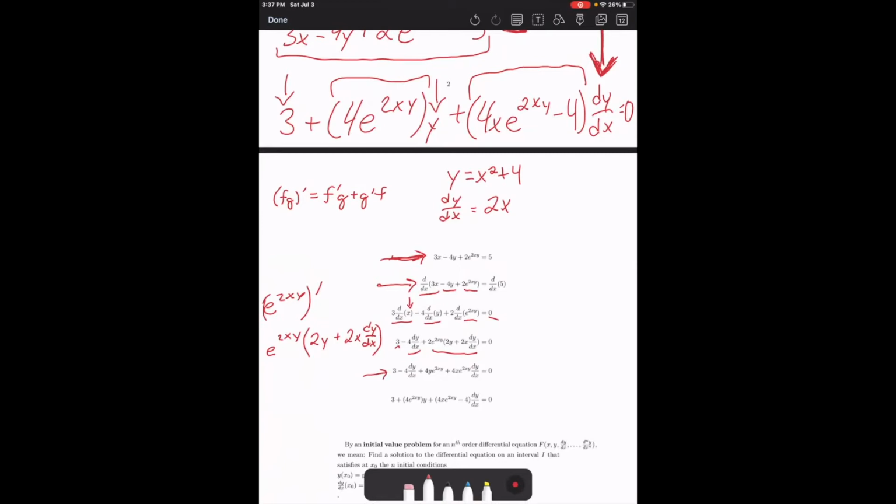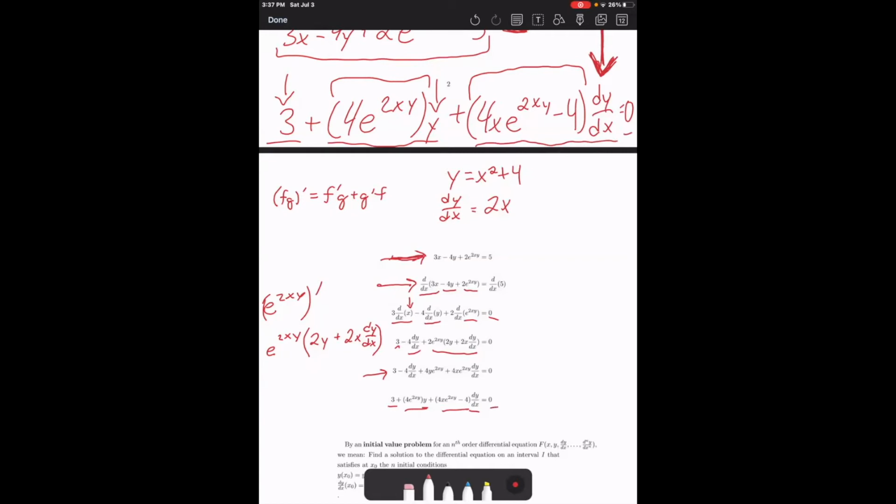And now we actually realize that if we were to factor out our y in our dy dx terms, we've actually created exactly what we need. 3 plus 4e to the 2xy times y, which is exactly what we have here, plus 4xe to the 2xy minus 4 times dy dx, which is exactly what we have here, equals 0.